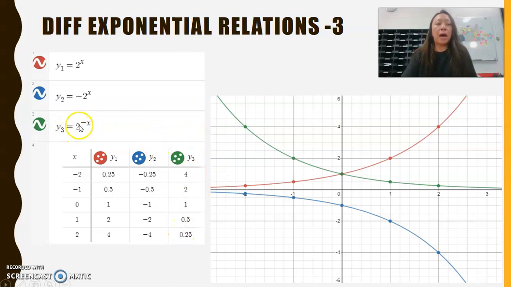For 2 power -x, if x is -2, it will become 2 power 2, which returns a value of 4. So 2 power -2 and 2 power 2 have the same corresponding y values.